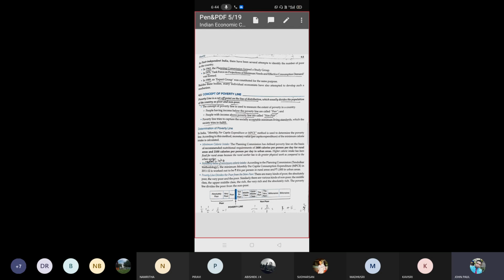According to this method, the monetary value of minimum calorie intake is calculated. What is calorie? The food we are consuming. Based upon the food intake, it is possible to find out who is poor and who is non-poor. For example, a minimum calorie intake. What is the minimum calorie? The Planning Commission has defined it.